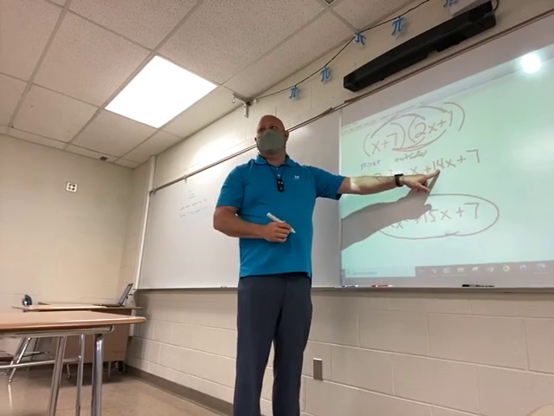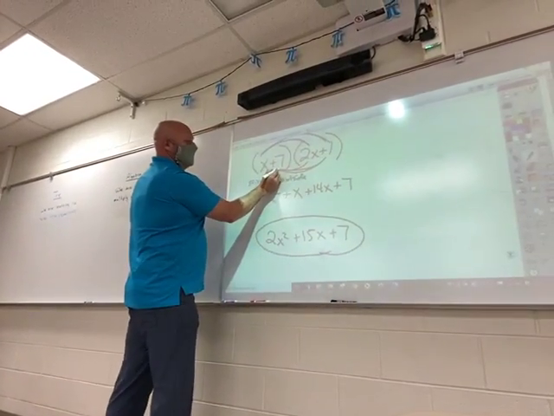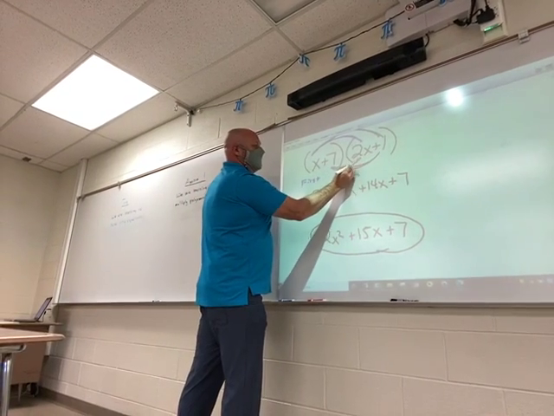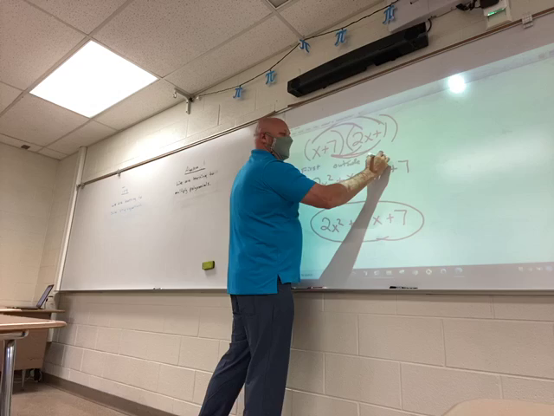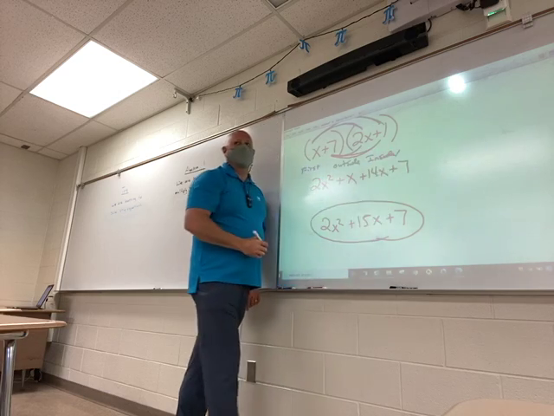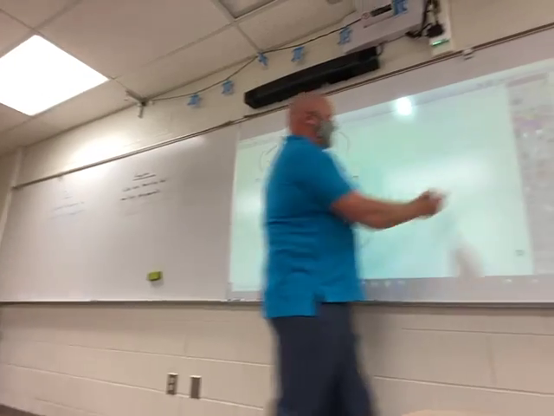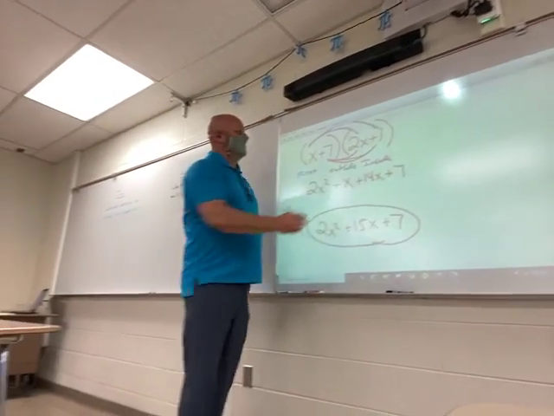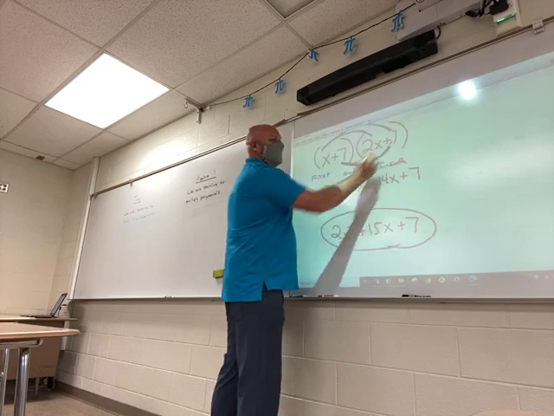Where did the 14x come from? That came from the 7 times the 2x, right? Well, we can call that the inside numbers together. And then, where did the 7 come from? That was the 1 times the 7, or the 7 times the 1, right?